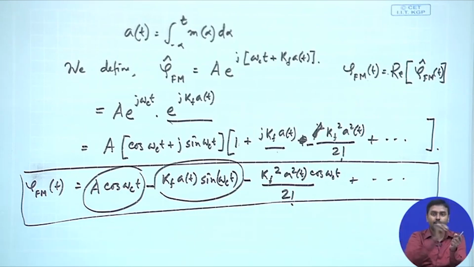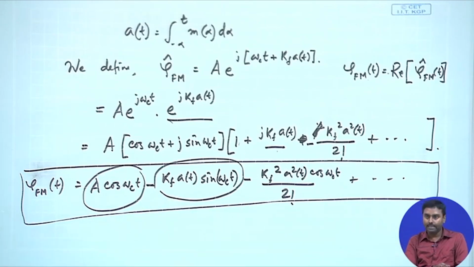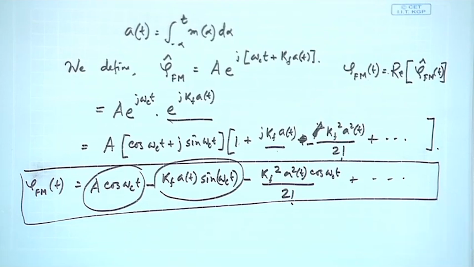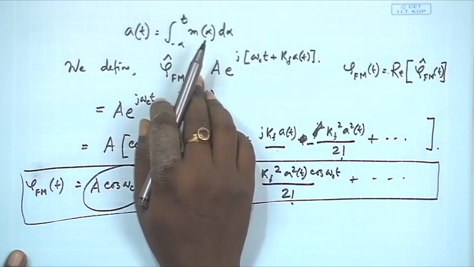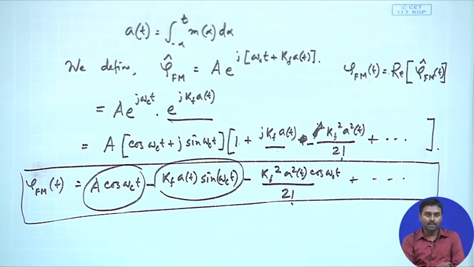So, there will be a translation around omega_c which will have a band equivalent to the band of a(t). Immediately you can see that at least FM modulation will have a band equivalent to that of the integration of this signal. Now, what we can also say, very carefully see, suppose this m(t) is a band limited signal.